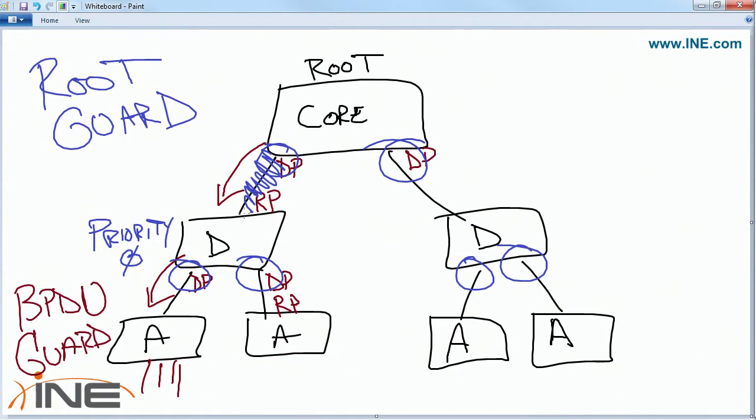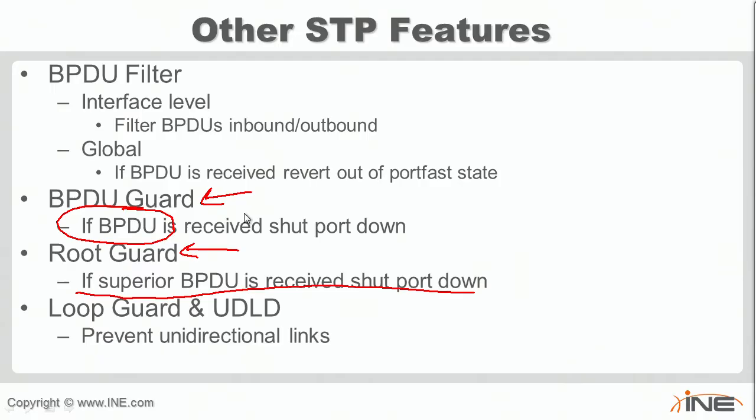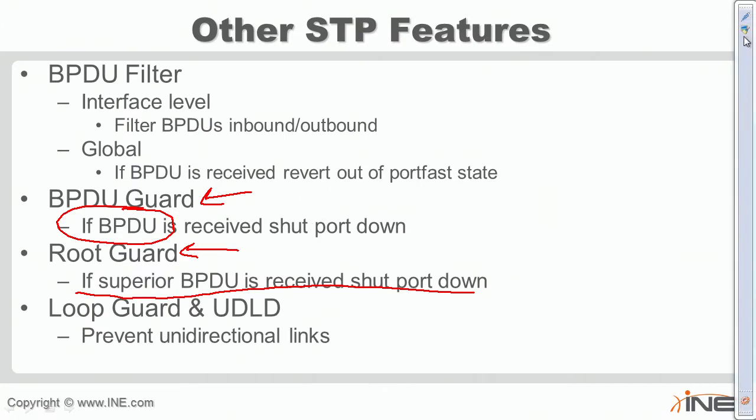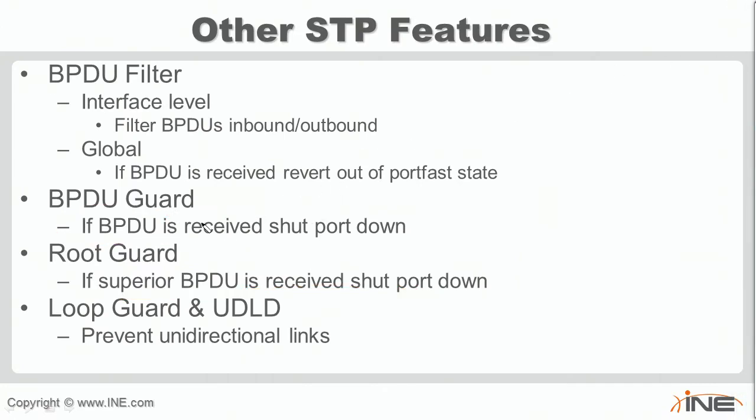It just says for that instance there's some inconsistency, so I'm not going to forward traffic for that CAM table on that link. So if security of spanning tree is one of the issues, normally you would run these two features in tandem. BPDU guard is at the access layer, and root guard is going to be on all of the other switches on their designated ports, facing downstream away from the root bridge.